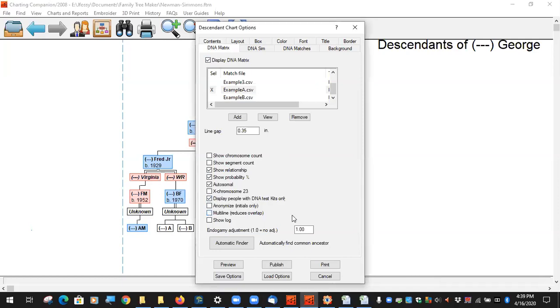Before you go away from that, the endogamy adjustment, how do you adjust for endogamy? What percentage would you use? Well, it depends upon how much you feel the data is inflated. Because right now, basically it's going to divide by 1, so it's not going to make any change.